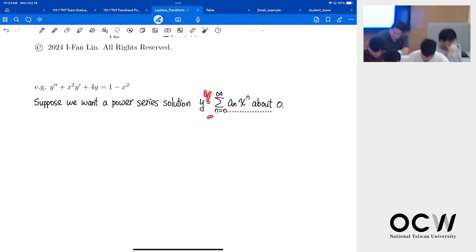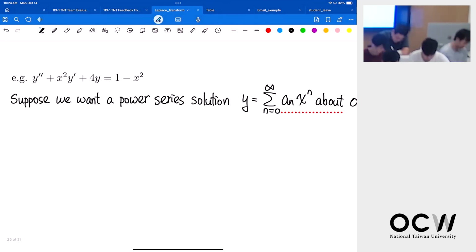Then if y is this, y double prime will be the sum of n times n minus 1 a_n x to the n minus 2, where n is from 2 to infinity.